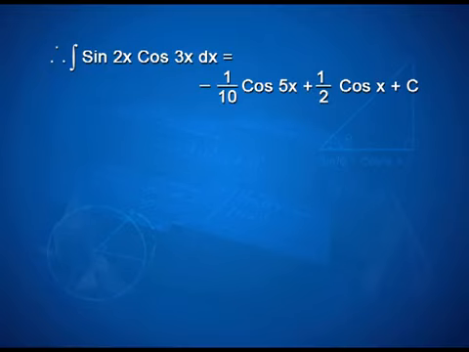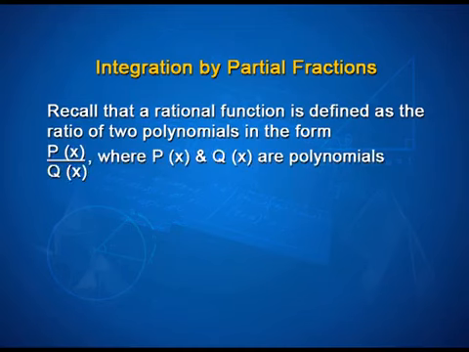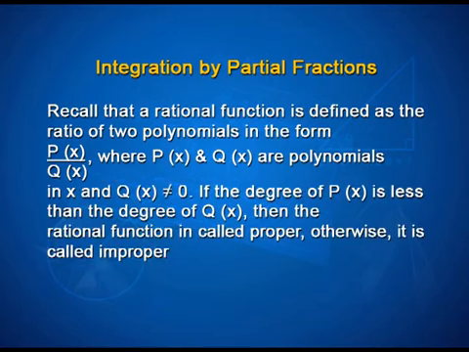Now, let us discuss the second method of integration, that is integration by partial fractions. Recall that a rational function is defined as the ratio of two polynomials in the form p of x upon q of x, where p of x and q of x are polynomials in x and q of x is not equal to 0.